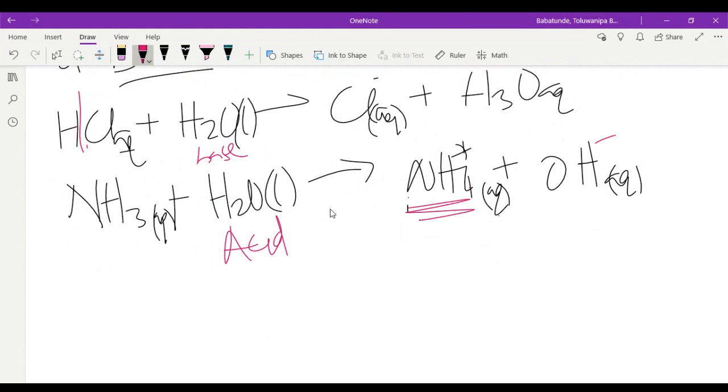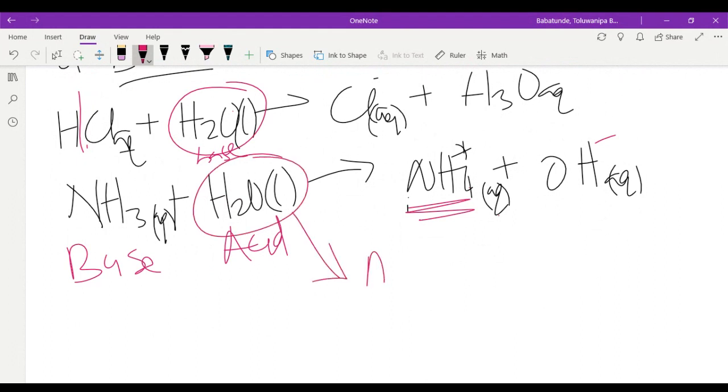So it's acting as an acid, while ammonia is acting as a base. So we can say that water in this case is an amphoteric substance. So that is an amphoteric substance.